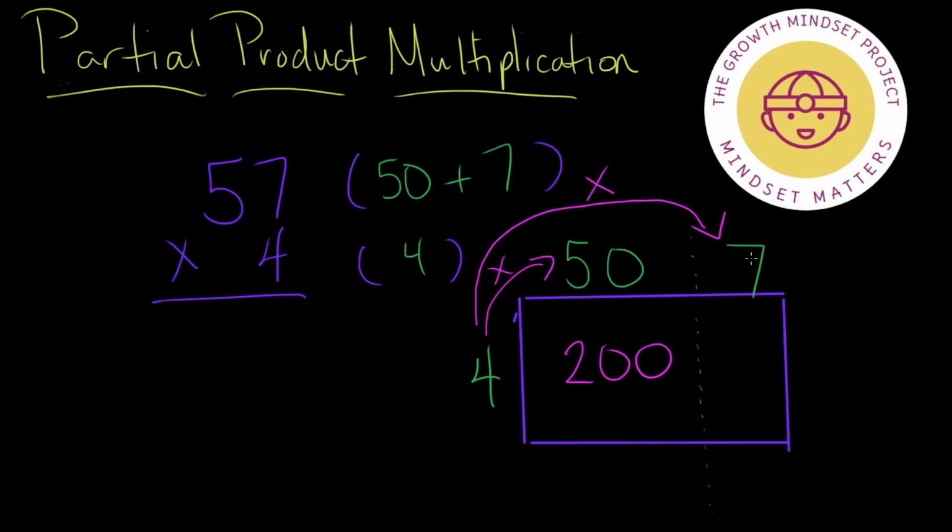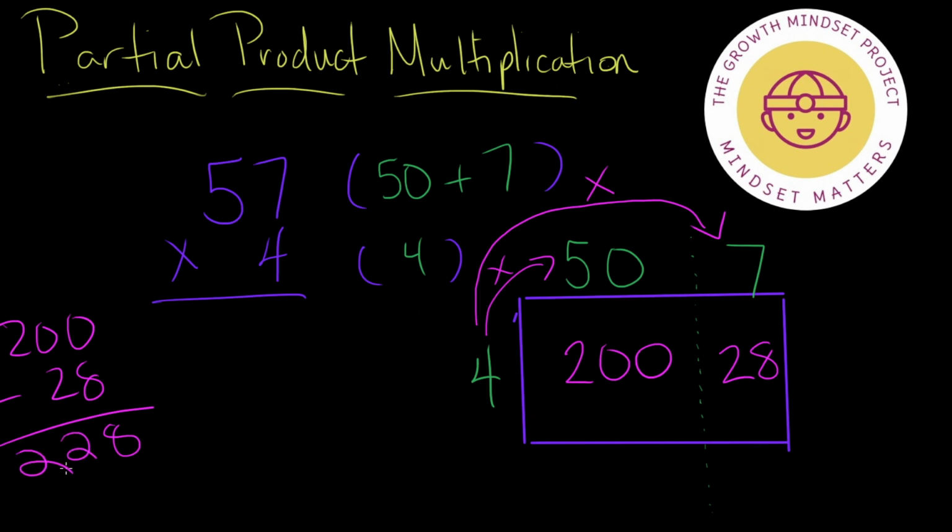Well, what is 4 times 7? Well, 4 times 7 is 28. So we would do 200 plus 28, which would be 228. So 57 times 4 is 228. Okay, this is partial product multiplication.